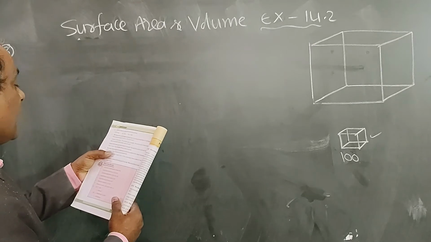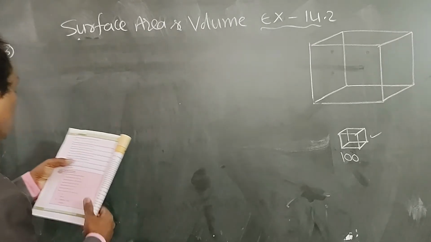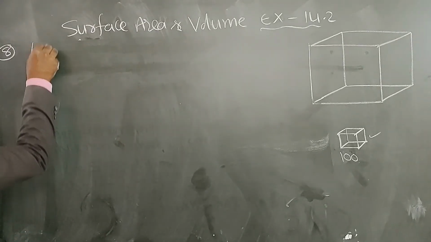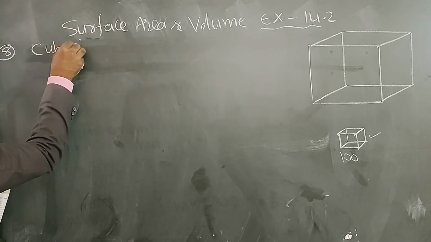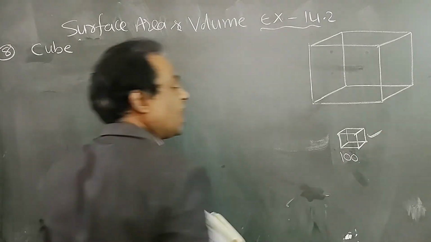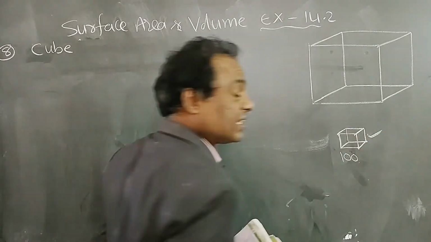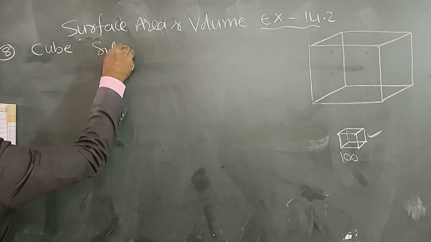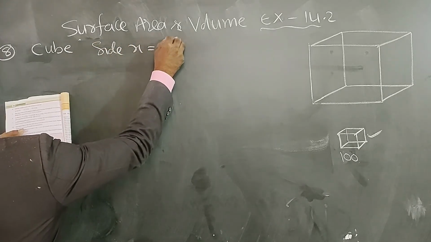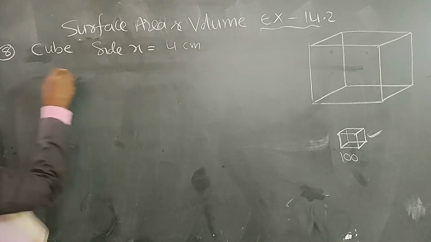First we are doing the cube. How much material is required to make the cube? For the cube, side is equal to 4 centimeters.